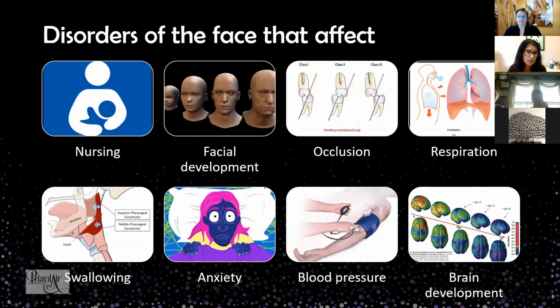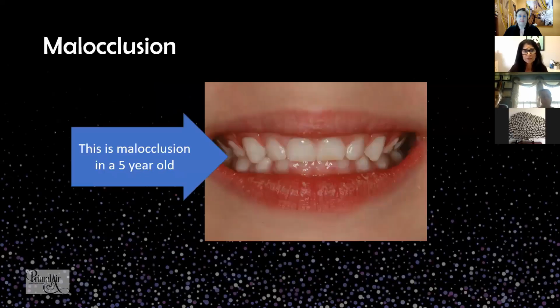They affect nursing, swallowing, and could cause anxiety, blood pressure issues, brain development, respiration, occlusion. We like to talk about occlusion a little bit because most people would say that this looks great. And we're going to explore why this isn't necessarily so great. It depends on the age of the child.